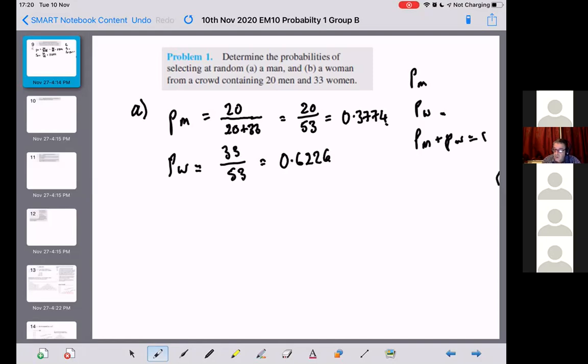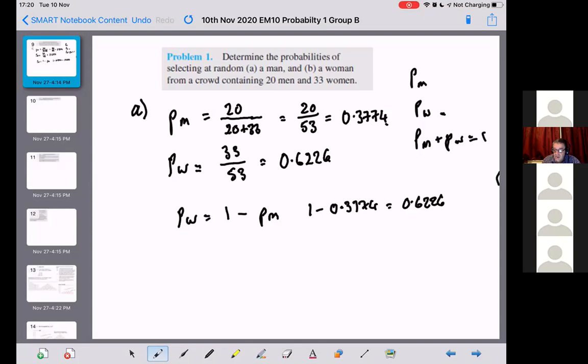Or you can go the way you were going there, TJ, where PW is equal to 1 minus the probability of men. So that's 1 minus 0.3774, and you still should get the same answers, but back to front, basically.